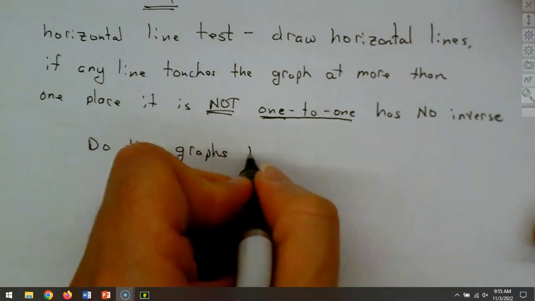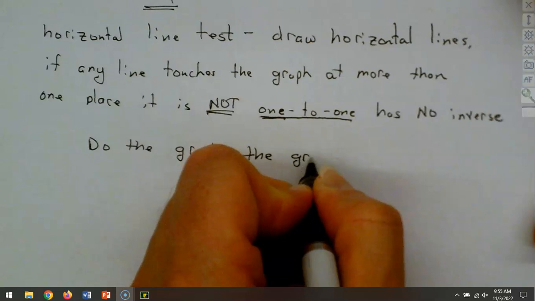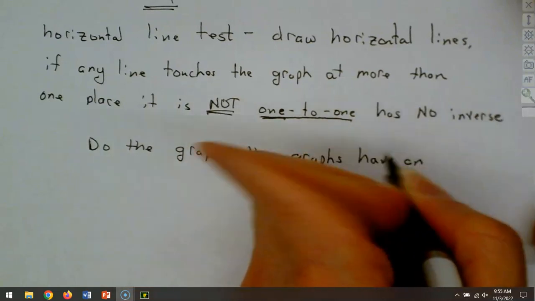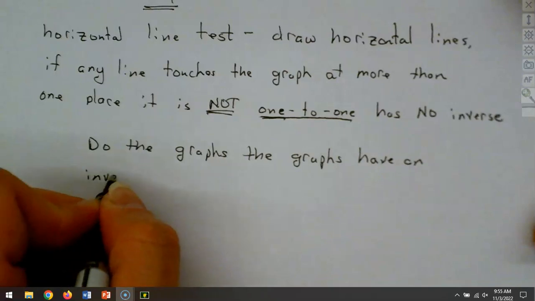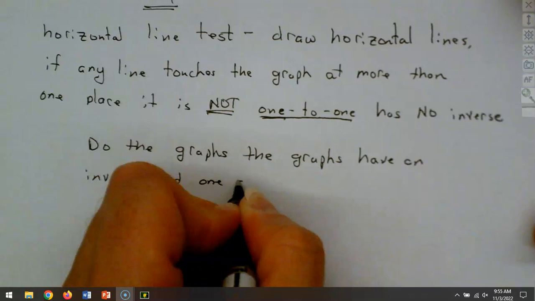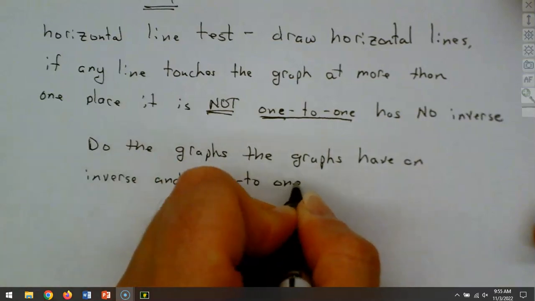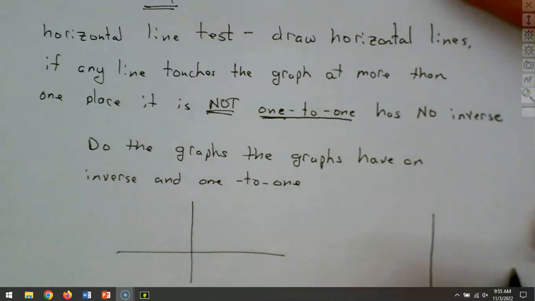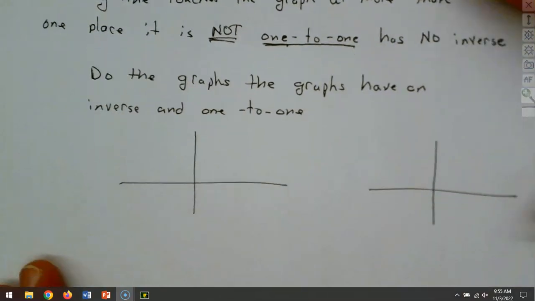So do the graphs have an inverse? And are they one-to-one? So I'm going to draw you some pictures here. We'll probably do 3 of these. And we're going to see if they have an inverse and if they're one-to-one.